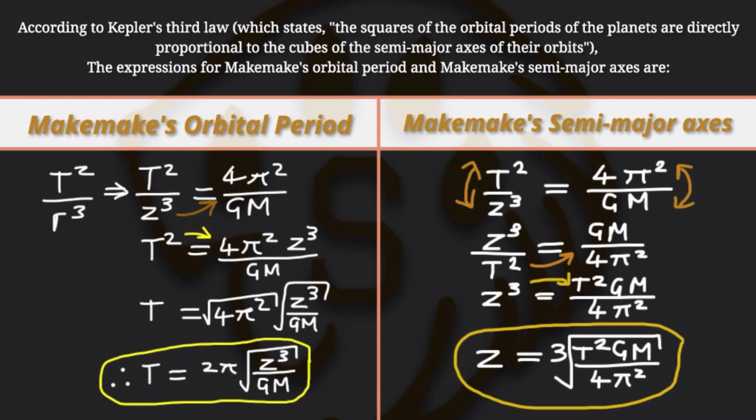And after inverting the fractions, we then make z cubed the subject of the formula, so we move T squared, the denominator, to the right side. Same thing we did with z cubed on the other side when we were looking for the orbital period. So we're now left with z cubed equal to T squared multiplied by GM over 4 pi squared, and then that gives us our final answer. When we move the cube to the other side, we get z is equal to the cube root of T squared multiplied by GM over 4 pi squared.